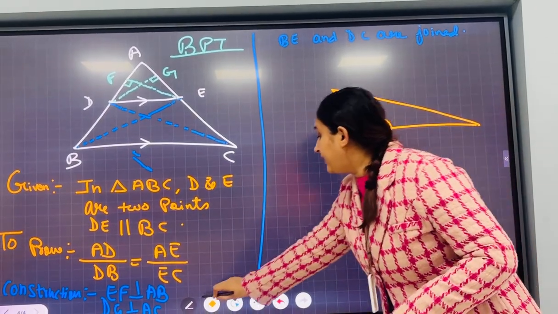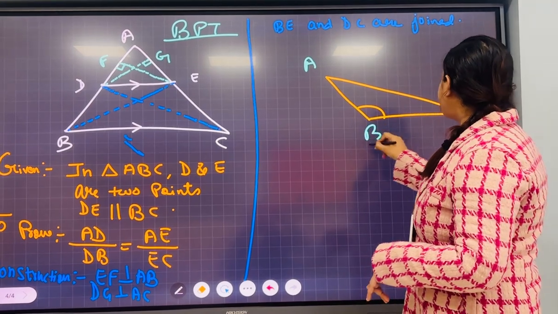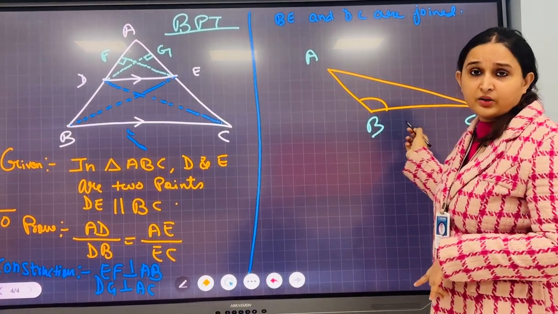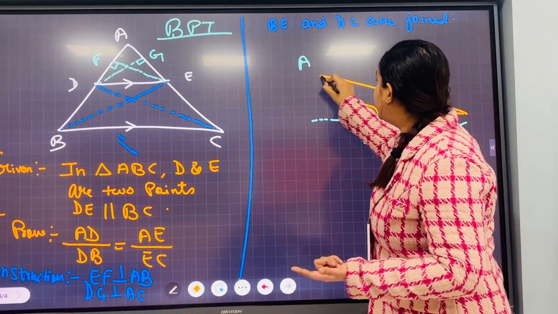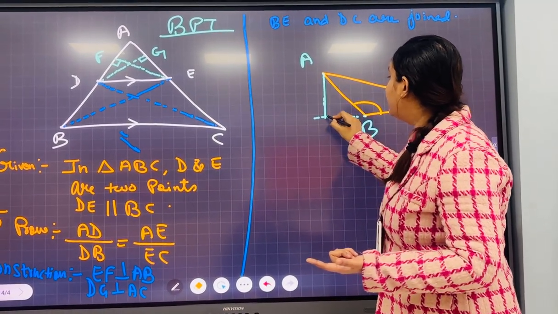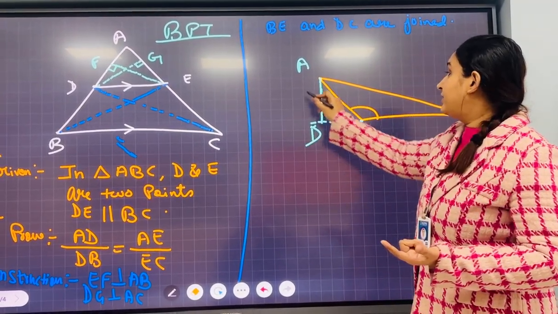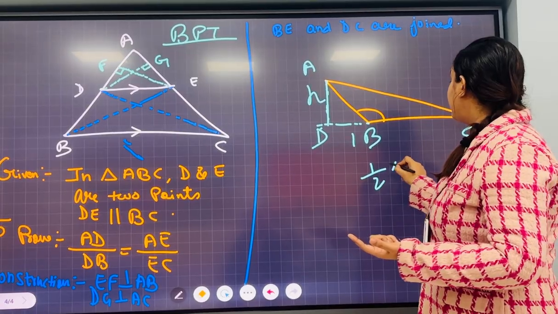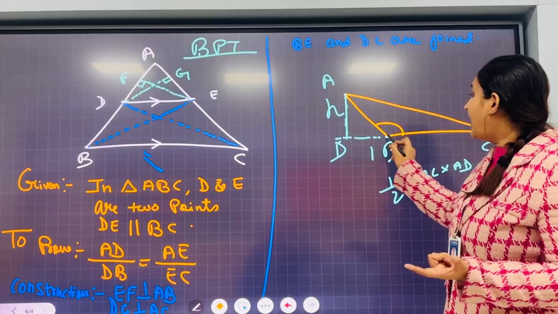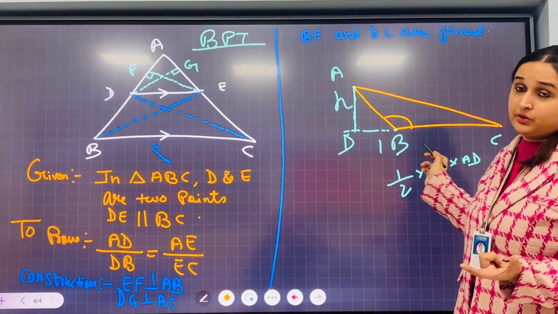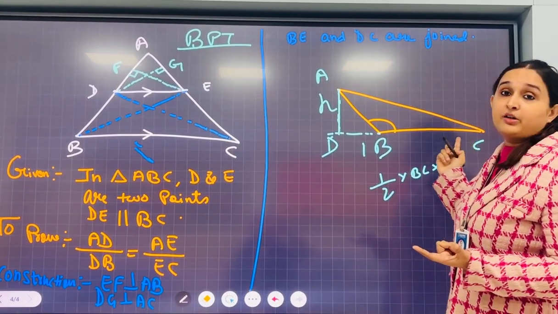Now in this case, if I am taking this BC as the base, how to calculate the area? What will the height be? The height will be an imaginary height which will fall outside the triangle. That is the imaginary height. So this will be your height, so half into BC into AD. Now does it mean that the side has increased to CD and for calculation we have to take the base as CD? No. The base will remain the same.